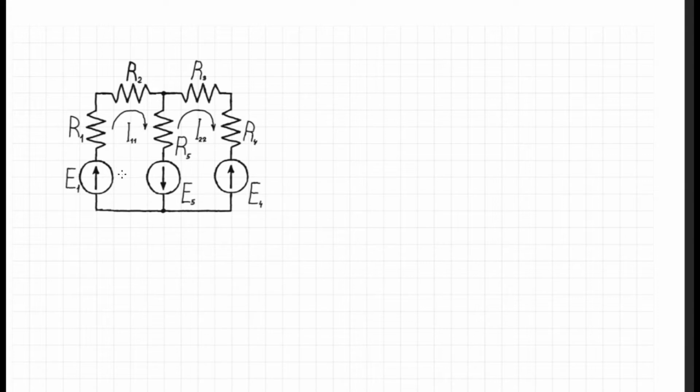The first closed loop considers two electromotive sources and three resistances. The second loop considers two electromotive sources and three resistances too.